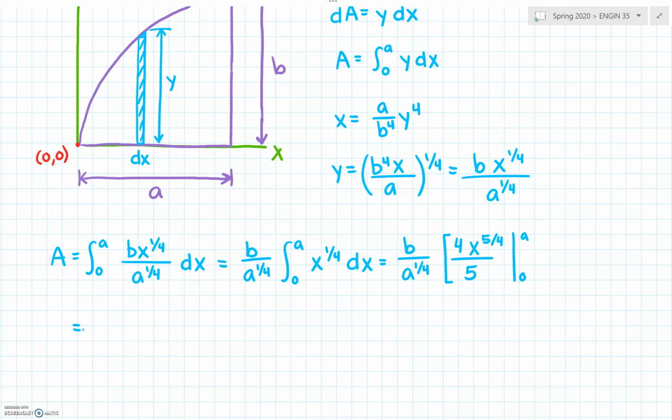Plugging in a and 0, we get that the area of that shape is 4/5 times a times b.